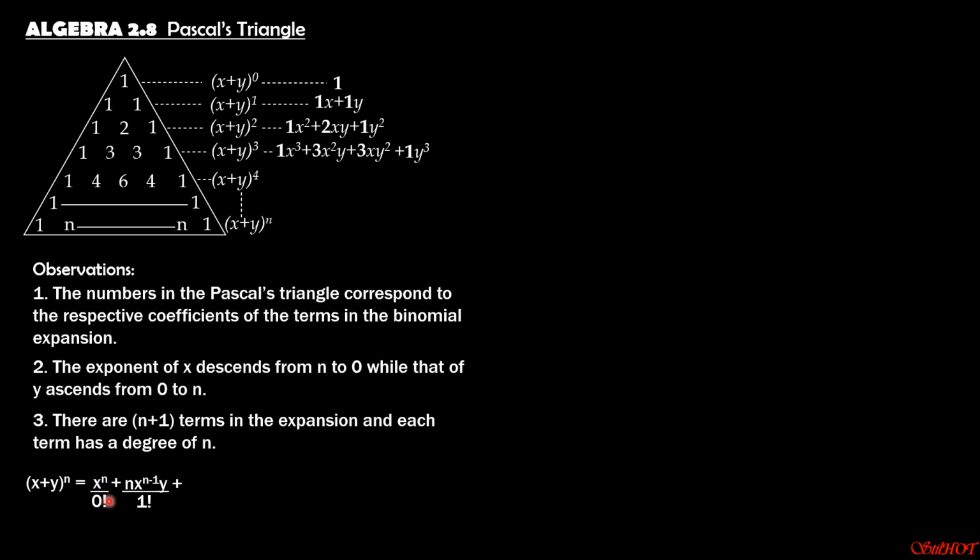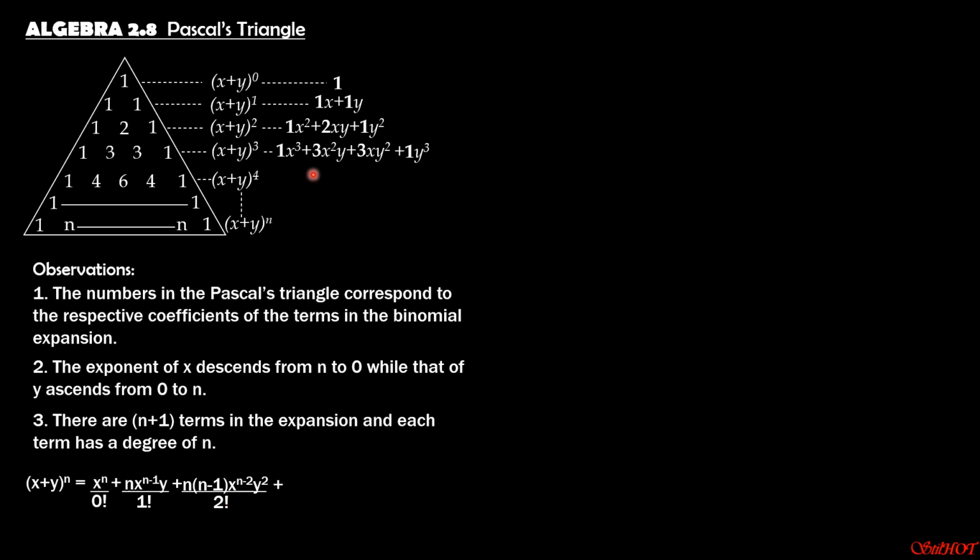Then the next is, because the idea is it's like differentiating the first term, so we have n times (n minus 1), then the exponent of x this time is n minus 2, because we subtract 2 from the exponent of x, then the exponent of y would now be 2, and the entire term is divided by 2 factorial. So n(n minus 1), x to the n minus 2, y squared, divided by 2 factorial.